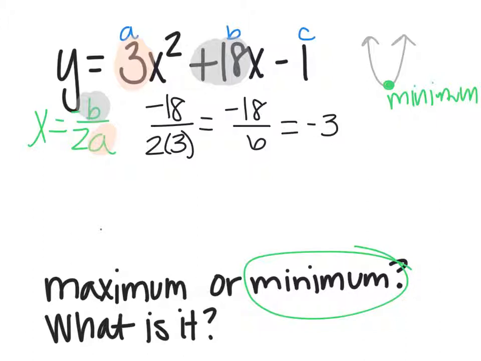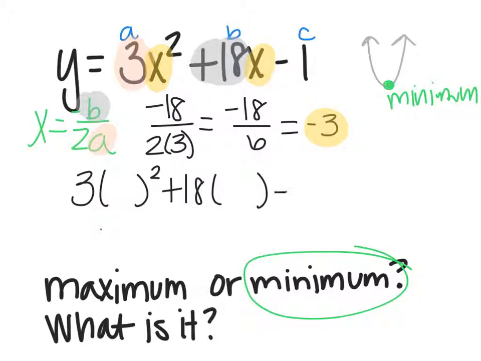So now I'm going to take this negative 3 and plug it in for all of my x's. I'm going to rewrite the problem, and instead of x, I'm going to leave a blank space for right now: 3 parentheses squared plus 18 parentheses minus 1.